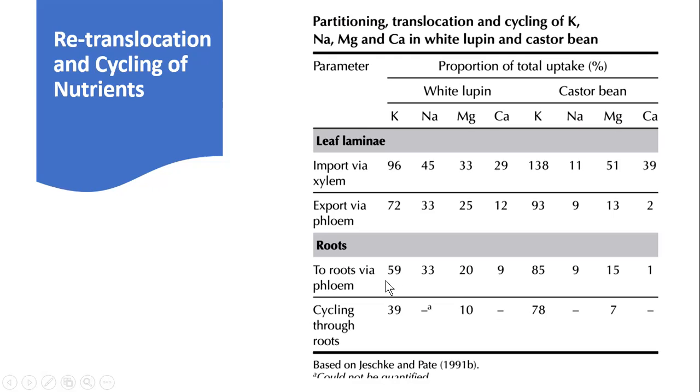Roots you can also observe here. To roots via phloem is 59%, and the cycling through roots is 39%. And the root to roots via phloem, sodium is 33, magnesium is 20, calcium is 9, then in the castor bean it is 85, sodium 9, magnesium 15, and calcium 1.